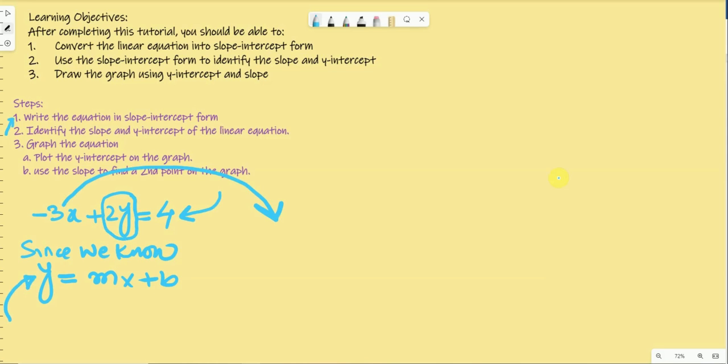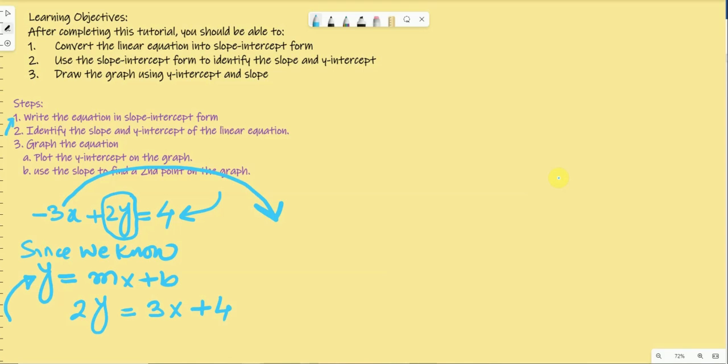So let's do it. Keep the y term as it is. Move the second term, which is minus 3x, on the other side of the equation, and it will become positive 3x plus 4.